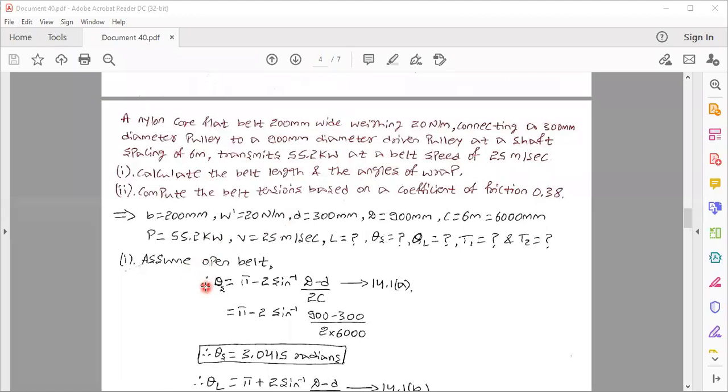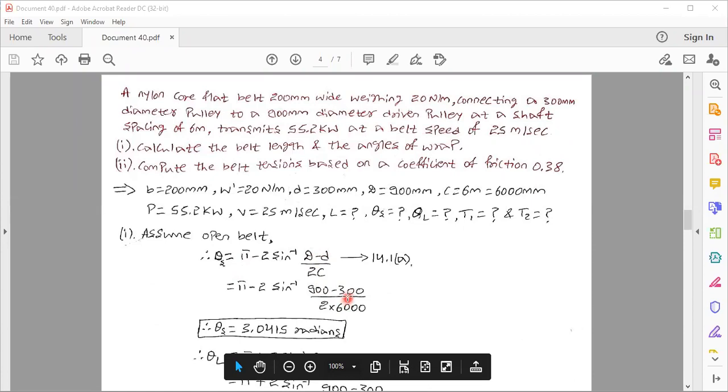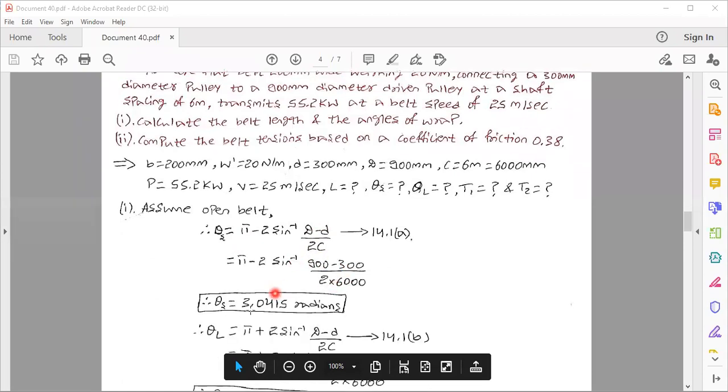I will assume it as an open belt drive, and from equation 14.1a, for the angle of contact for the smaller pulley, we'll take this formula. In this, capital D, small d, and C are given. Substitute all the values and you will get the angle of contact for the smaller pulley.